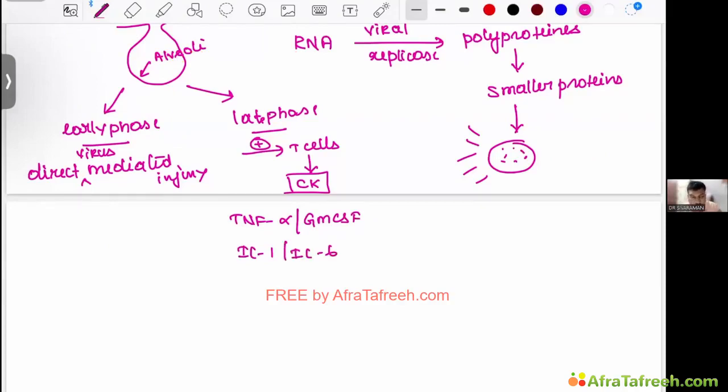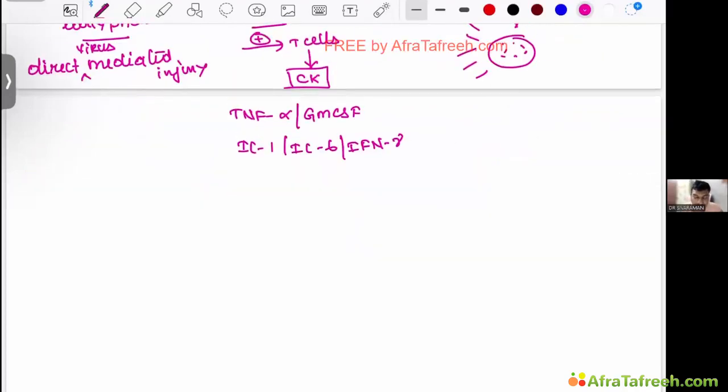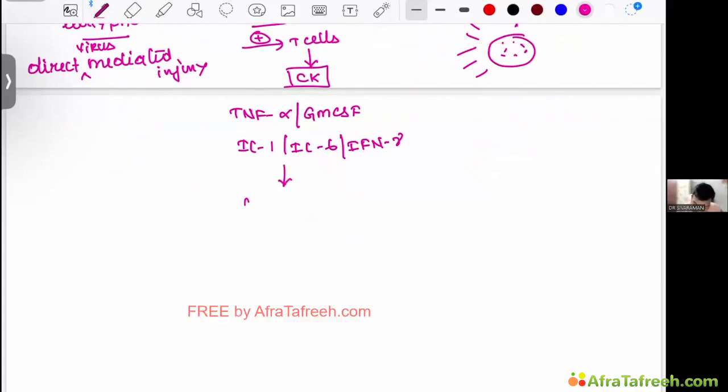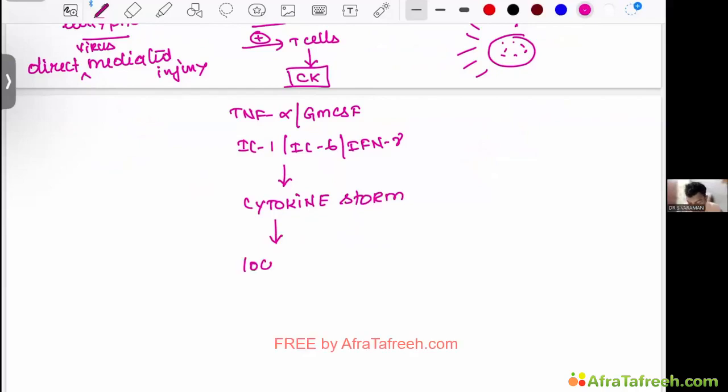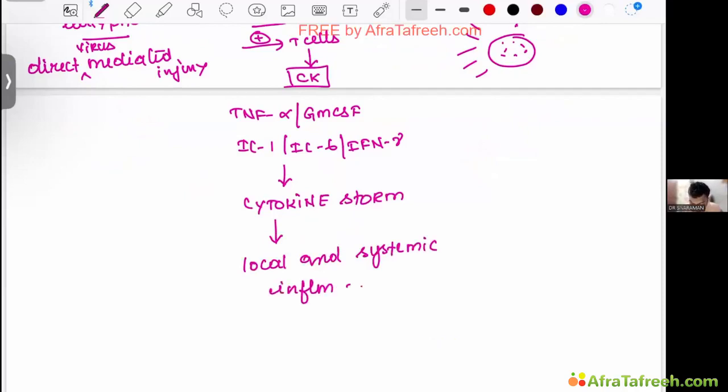So all these are going to cause damage to the alveolar cells, further resulting in a condition called cytokine storm. There is going to be sudden release of all these cytokines, and this cytokine storm is going to cause local and systemic inflammatory response.